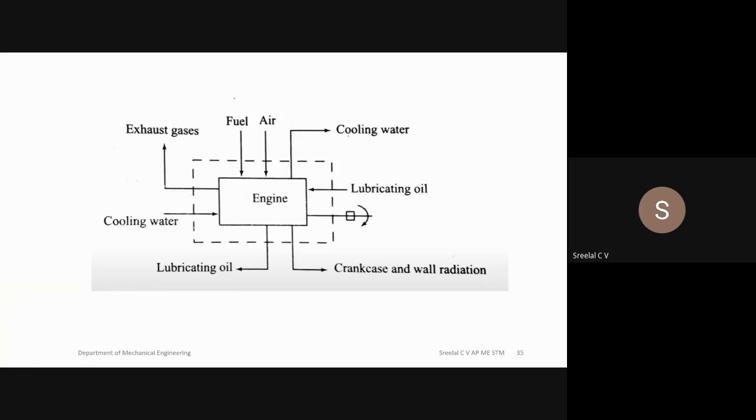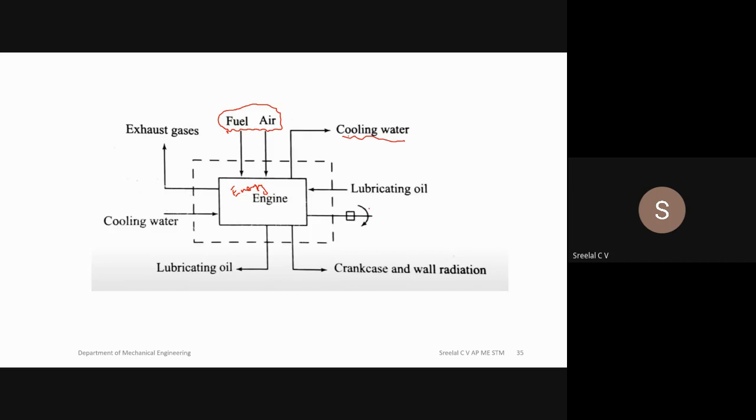Here the main thing is fuel and air, which give us the energy. There will be loss in the form of exhaust gases, and the cooling water will be given and will take out some of the heat energy.